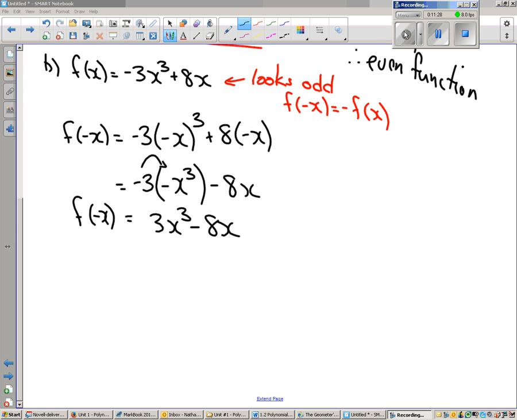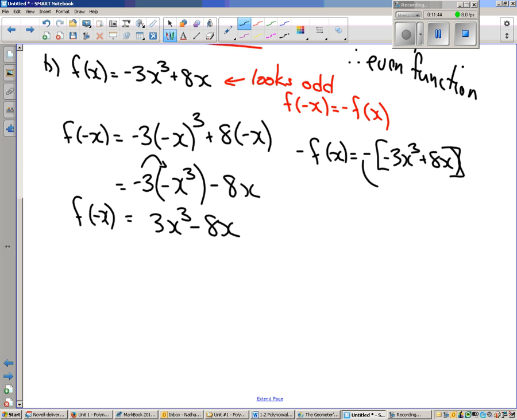Now, to evaluate negative f of x, all I do is I take the negative of my function. So I'm going to start with a negative. My function is negative 3x cubed plus 8x. I'm going to multiply a negative through, and negative f of x is 3x cubed minus 8x.